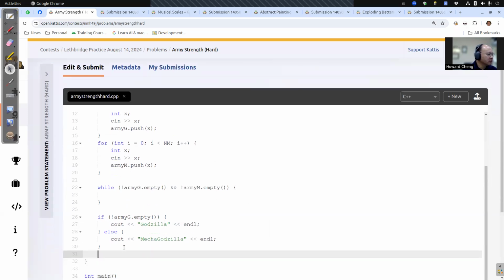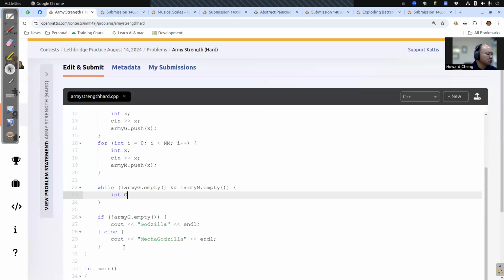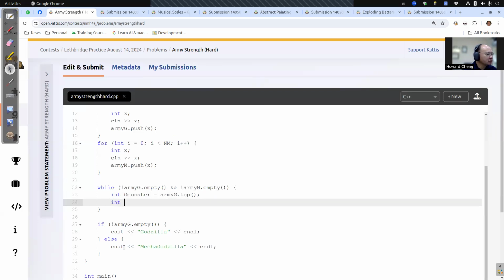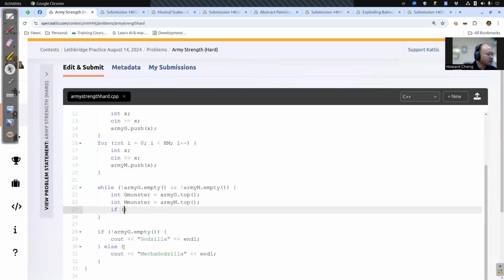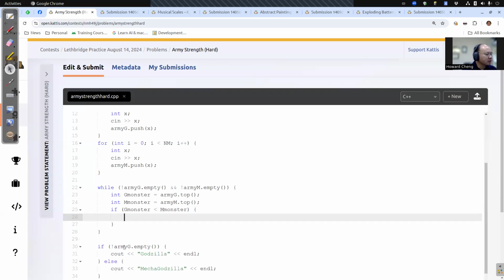Okay, so now I have to say G monster equals army G dot top, so that would be the smallest one, and M monster equals army M dot top. So if G monster is less than M monster, that's the only time that army G is removed, so army G dot pop.